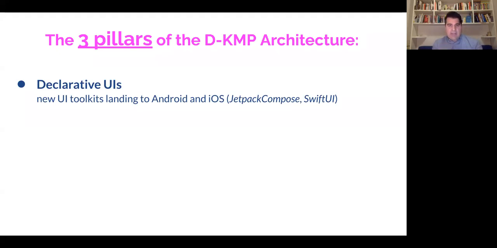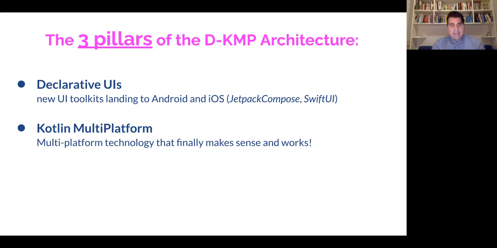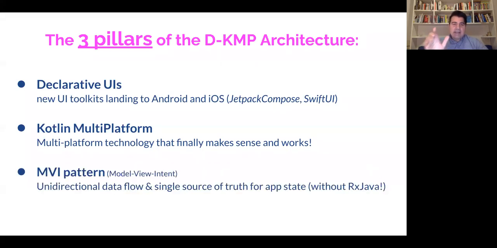In the case of Android, it's Jetpack Compose. In the case of iOS, it's SwiftUI. Then the second pillar is Kotlin MultiPlatform, which is a multiplatform technology that finally makes sense and works. And then the third pillar is the MVI pattern, which is based on unidirectional data flow and a single source of truth for the app state.